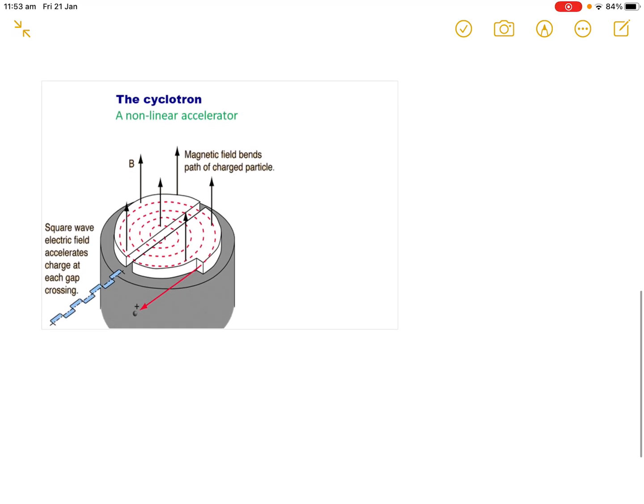There is also a non-linear accelerator called a cyclotron, and the cyclotron takes a beam of charged particles, typically protons again, and it makes them go in a circle. Now, if you look carefully, you'll see there's a magnetic field. B is the symbol for magnetic field strength.